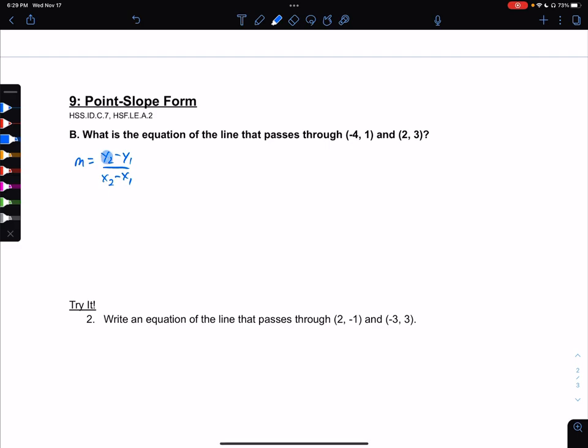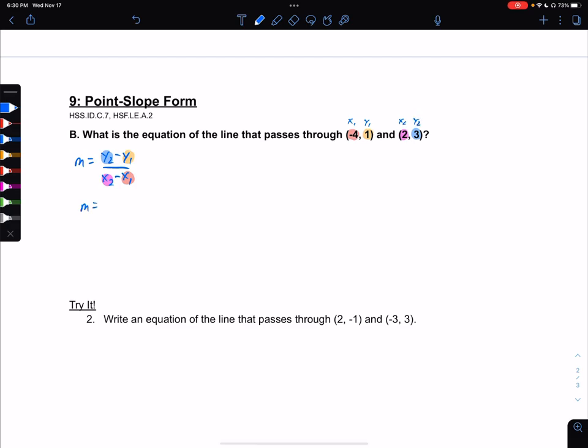And my y values, I'm going to use 3 for y2 and 1 for y1. Okay, so this is going to be x1, y1, x2, y2.